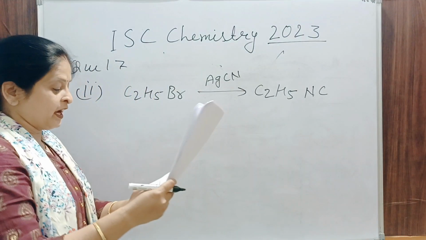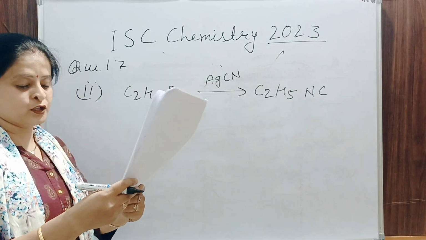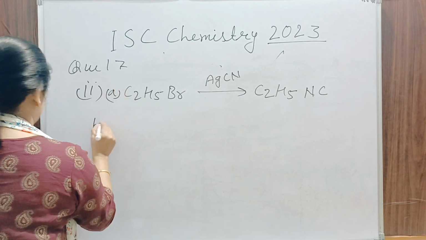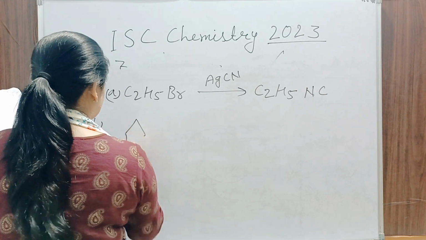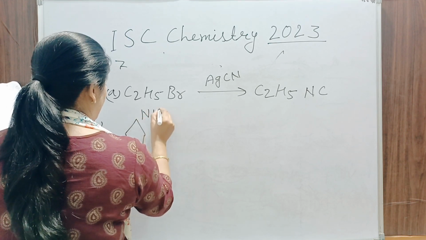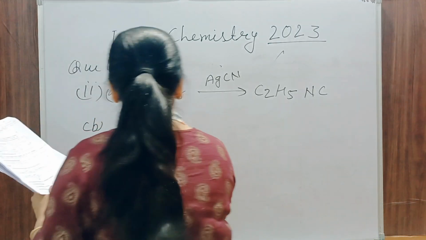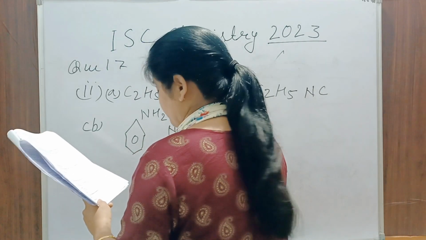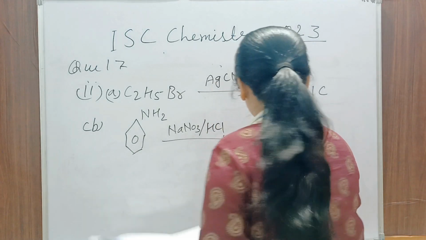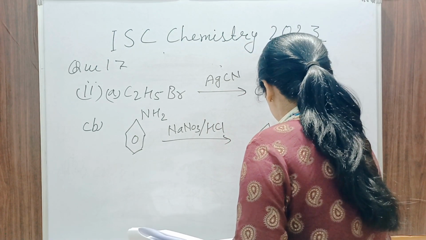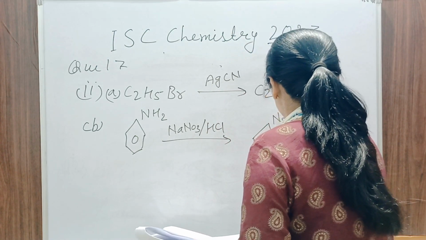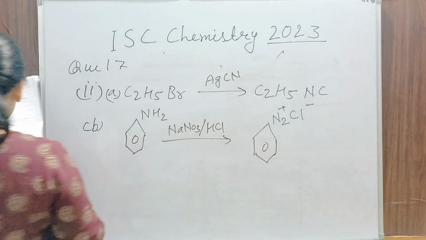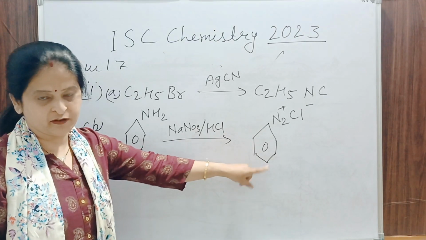Then next one, aniline to benzene diazonium chloride. Aniline in presence of NaNO2, then HCl. C6H5N2+Cl-, so diazonium chloride will be formed.